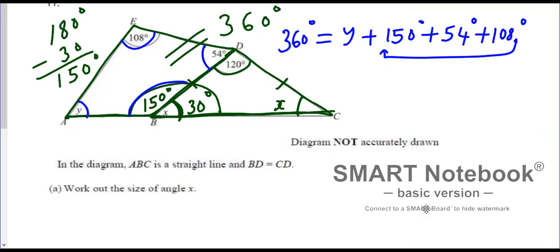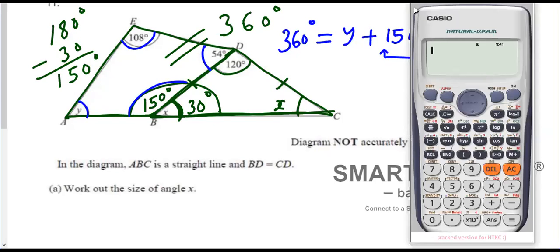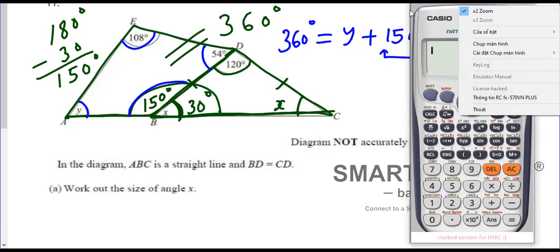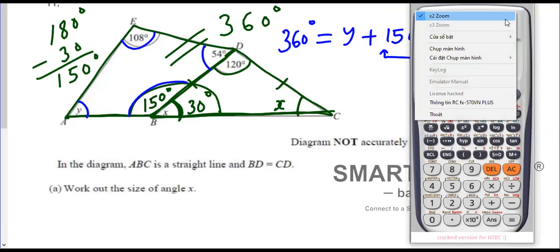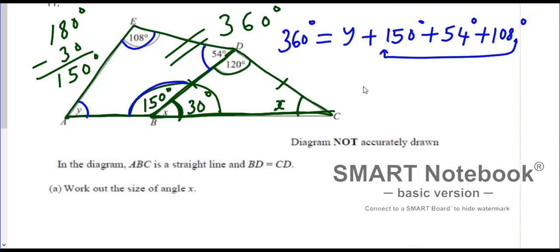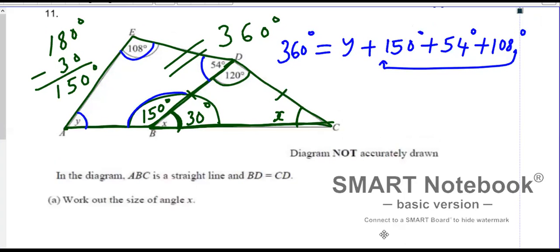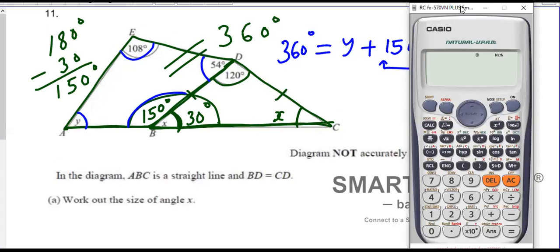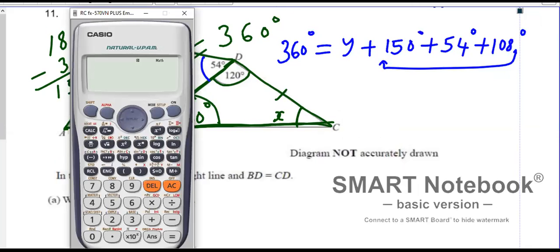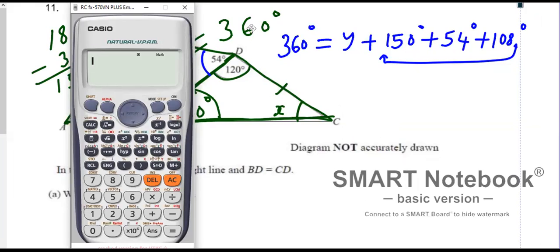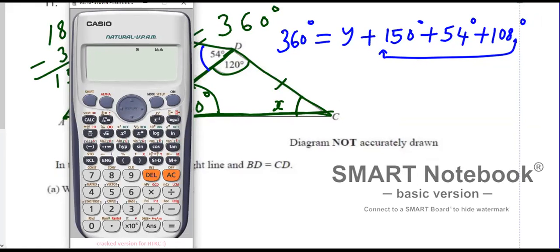All right, so here we go. We have 150 plus 54 plus 180.